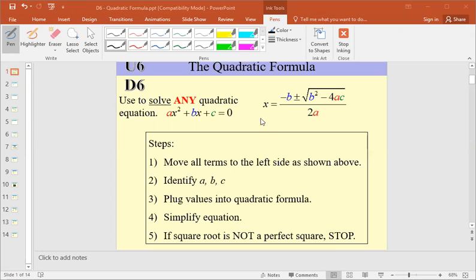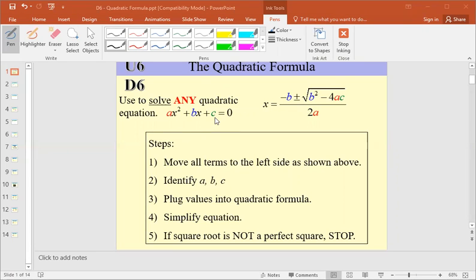So you can see right here to the right, this is the quadratic formula. x is equal to the opposite of b plus or minus the square root of b squared minus 4ac, all of that divided by 2a. The a, b, and c come from the coefficients in the terms of your quadratic.